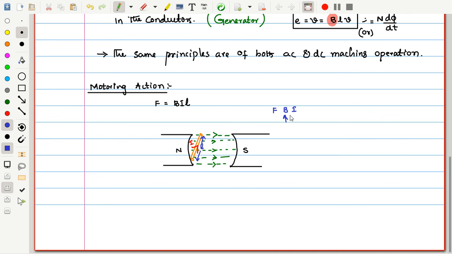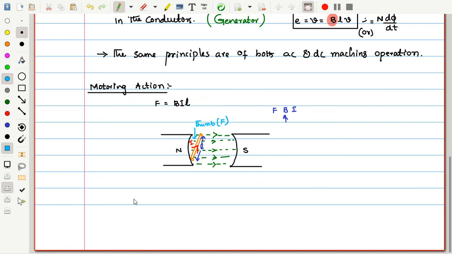Place your left hand, three fingers 90 degrees to each other, then turn your hand such that the forefinger is along the flux, middle finger is along the current. Then how does the thumb point? For my case, the thumb is pointing in the downward direction. What does it represent? The force acting on the conductor.